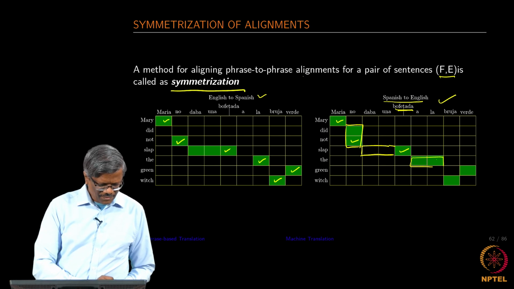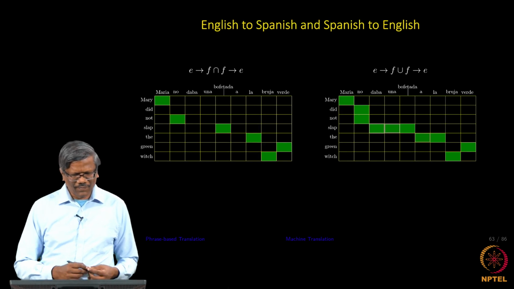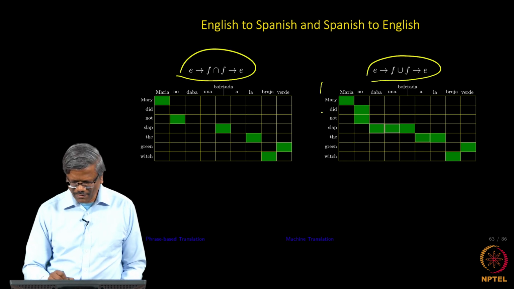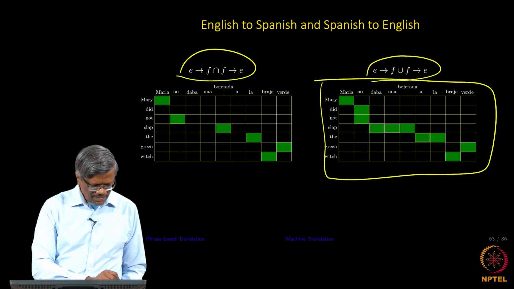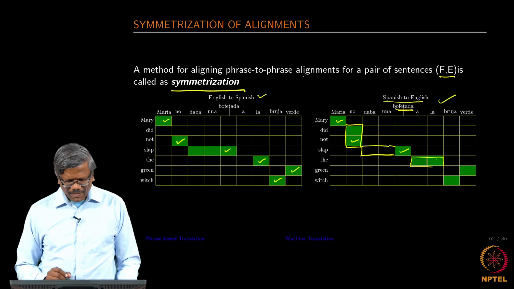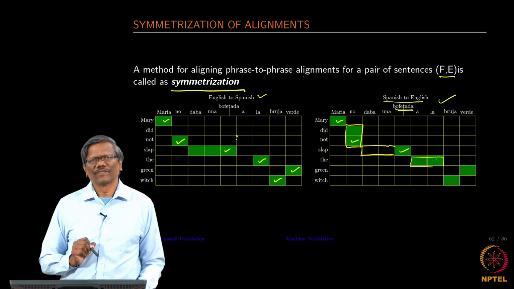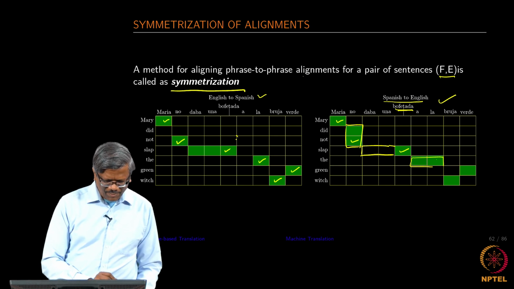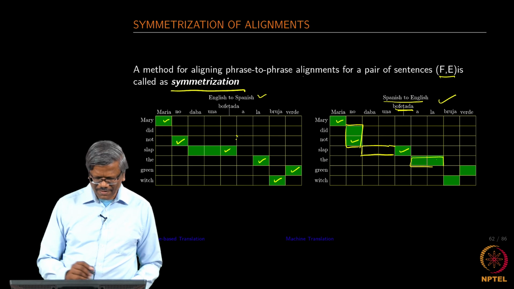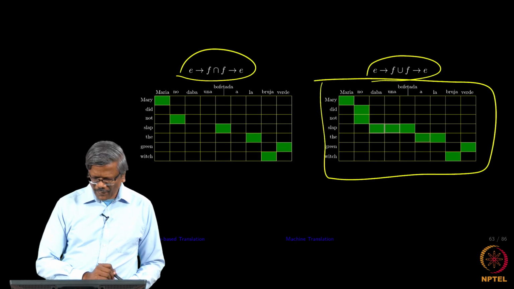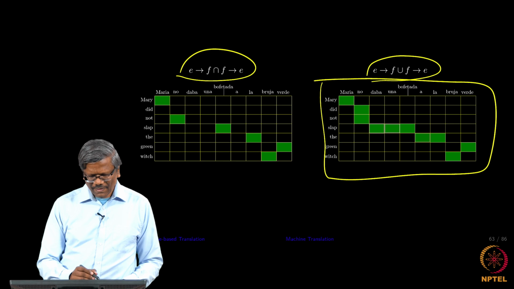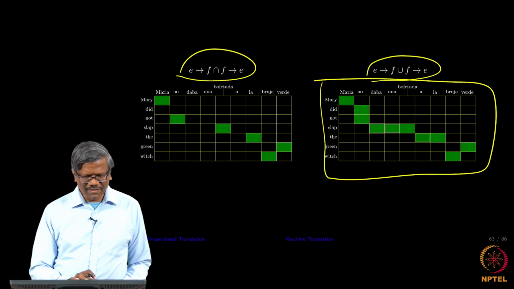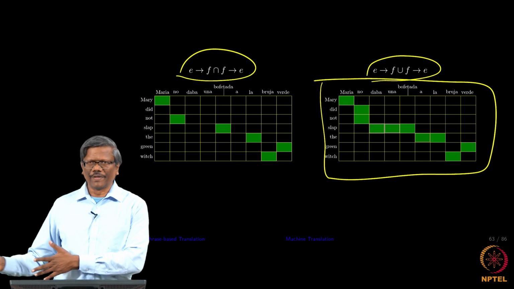Let us see what is the intersection of the union of this. If you look at this, it will be close to this, but not quite. There are certain elements which are aligned properly, and the elements that are not aligned properly would be removed in this process.